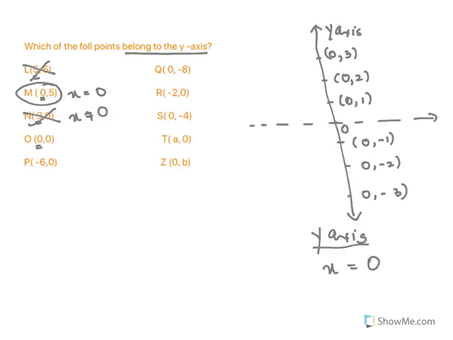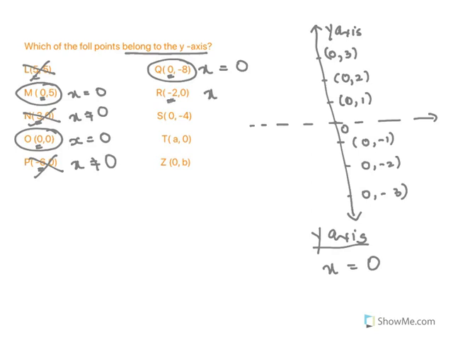Next point, check for x. X is equal to 0. So it lies on the y-axis. Here, check for x. X is not equal to 0. So it doesn't lie on the y-axis. Next one, Q. Here, x equal to 0. So it lies on the y-axis. For the next, check only for x.